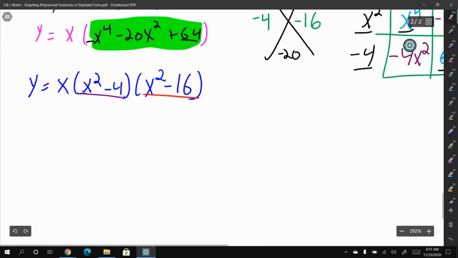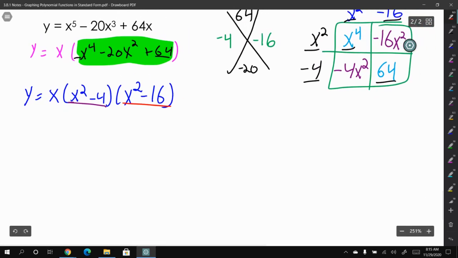And because our a is 1, we don't need to do the box. We can just do the x, and there's no b term. We don't have an x to the first power. So when I do the first one, x squared minus 4, 0 is my b value, negative 4 is my a times c, so negative 2 and positive 2.